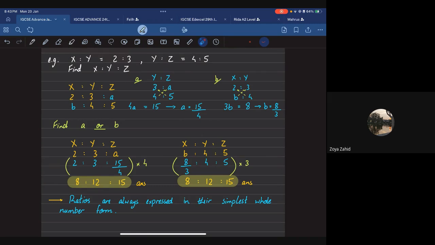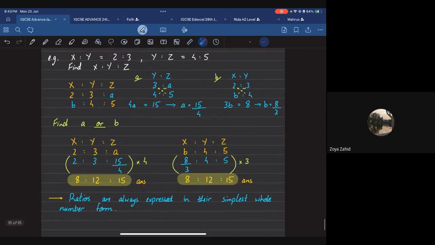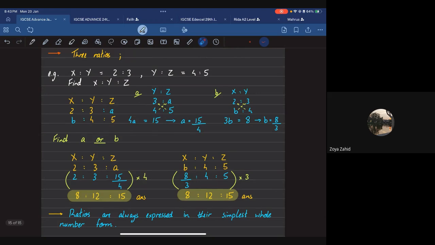I understand how Zoya's question is formed. Zoya is saying that, for example, the question says A ratio B ratio C. Now, if the examiner says to write it down in this form and state the final values of A and B, then you will write these final values.